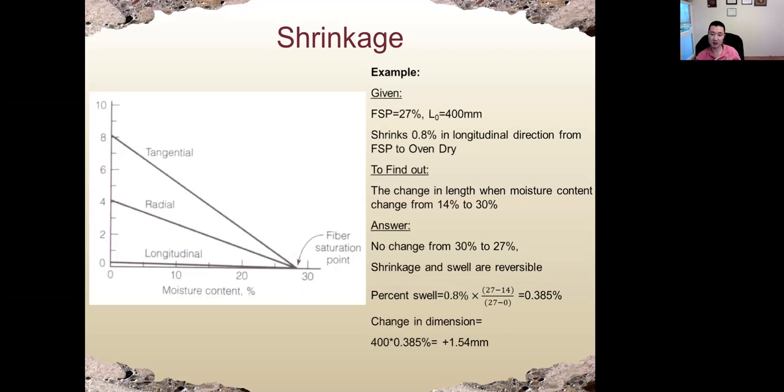This is swelling, because the moisture content increased from 14 to 30%. With an increase in moisture content, the wood will swell. This translates to millimeters as plus 1.54 millimeters.